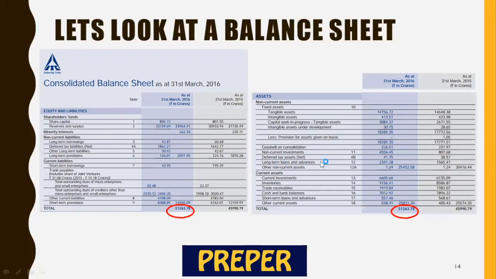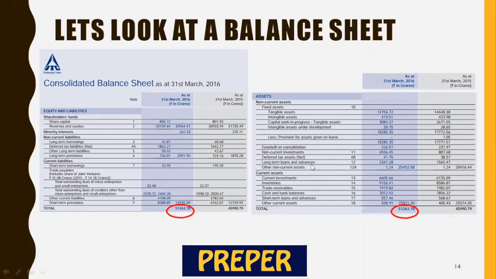These are on the asset side because these are the loans and advances that ITC would have given to either its vendors or its customers, and that is money it is waiting to receive from them. Large organizations typically do that to help some of their customers or vendors to be able to provide to ITC the products that they require or buy from ITC the products that they want. That's why this item is on the asset side. This is the obligation that others owe to ITC and not what ITC owes to others.